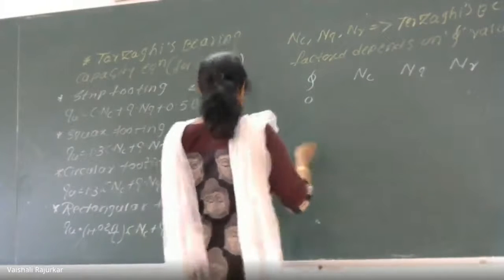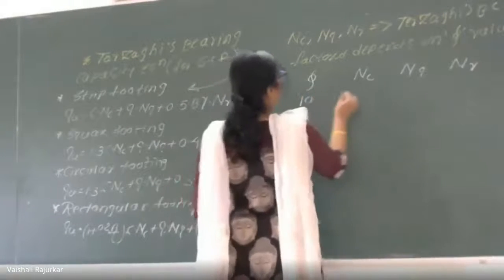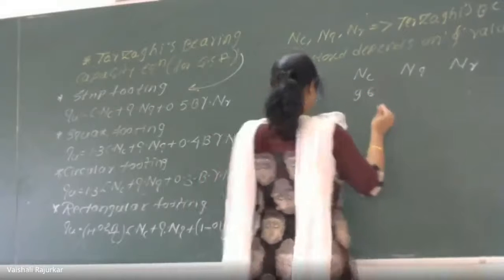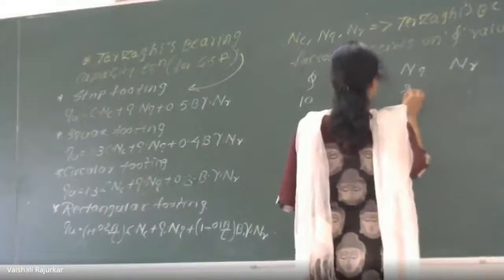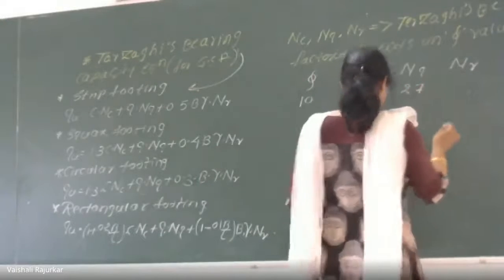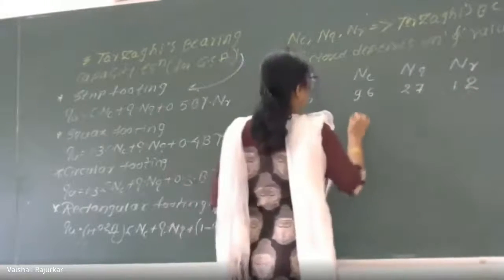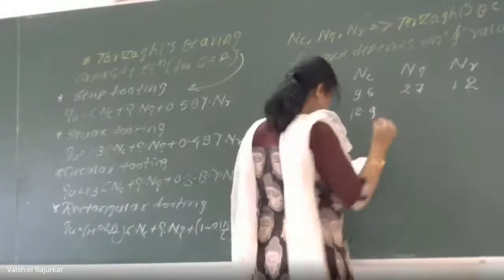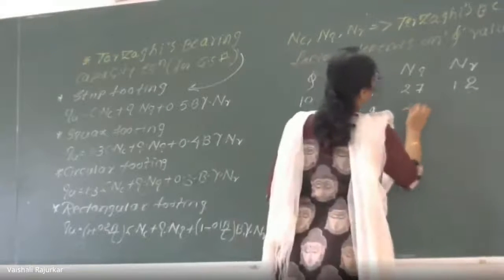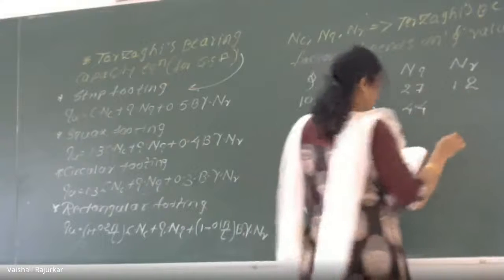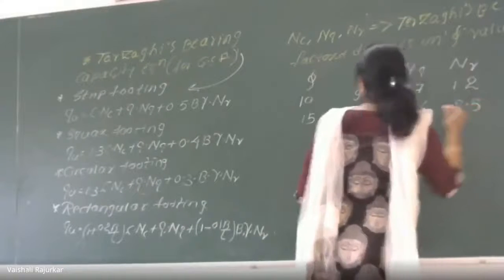Suppose this is 10, it will be 9.6, then 2.7, 1.2. Then if it is 15 degree, it will be 12.9, 4.4, 2.5.